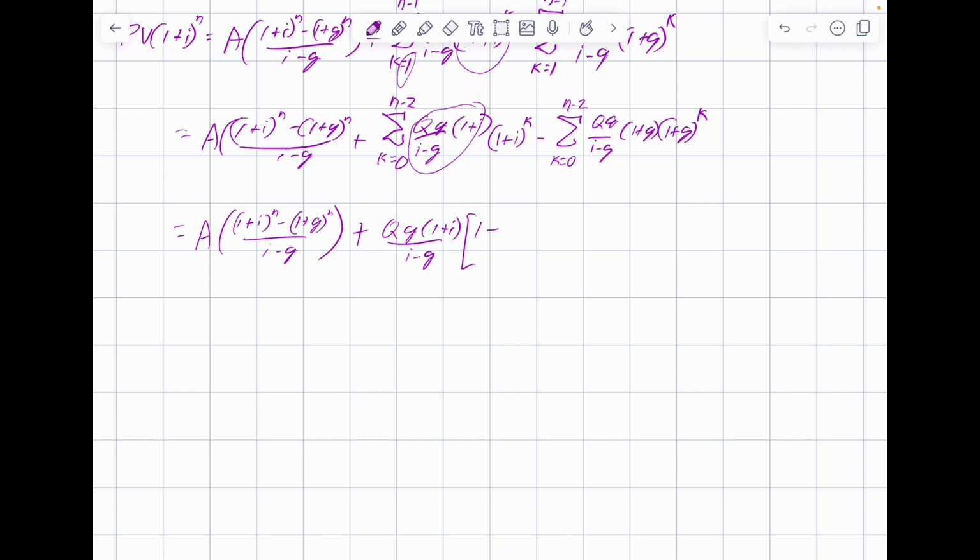And remember, it's 1 minus r to the power, so r is 1 plus I, so that becomes 1 plus I to the n minus 1 power, all over 1 minus r, where the r is 1 plus I. And this is a minus.